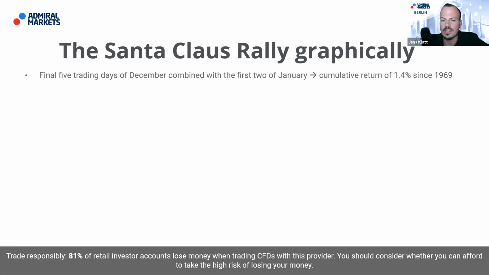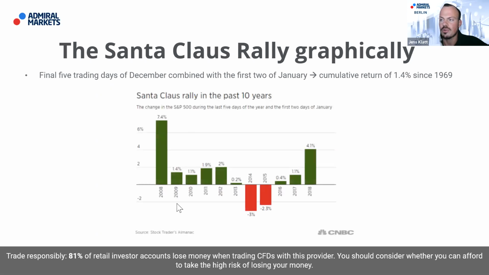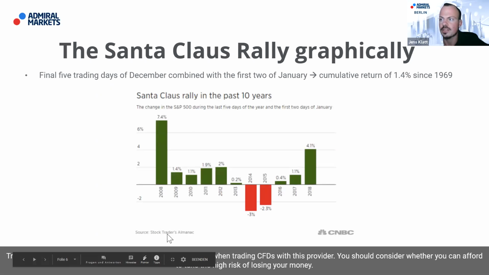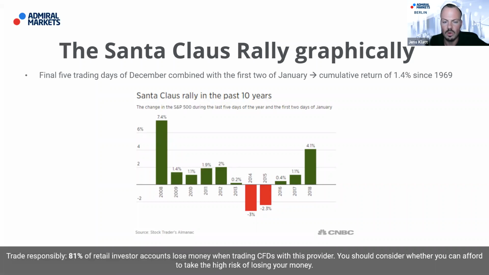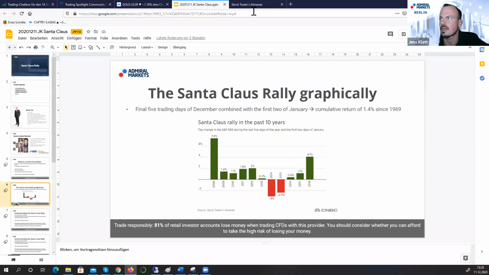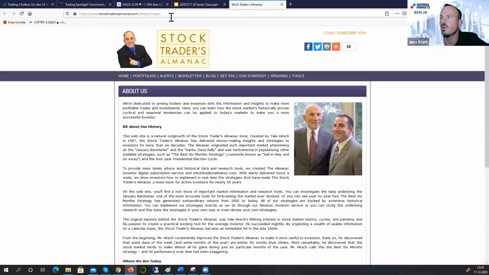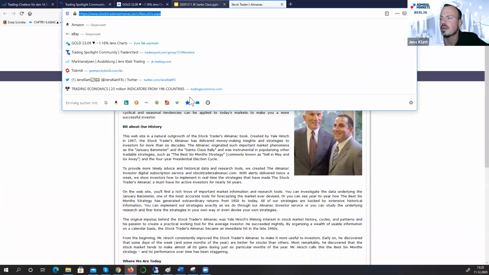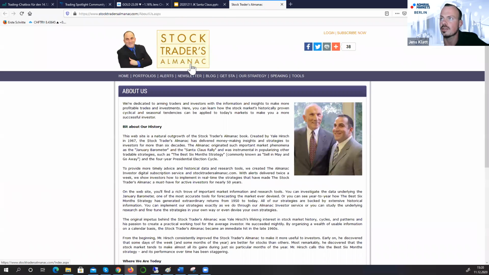In this context, I now have a chart from a source called the Stock Traders Almanac. Let me just go over here. Oh, I'm sorry, that's not so good. One second, let me see if I can exit. Yes, I can. Perfect. So now here's the website. This is the Stock Traders Almanac. If you're interested in that, I highly recommend reading through this website.